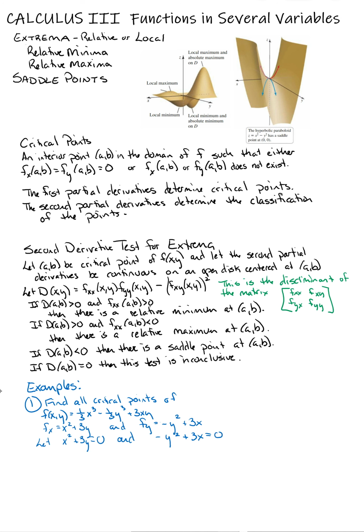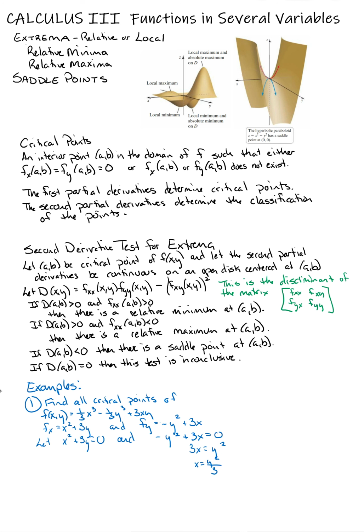And then we will let these first partials equal 0 and simply solve this set of equations. There are a few ways of doing it. I'm going to go ahead and take the second equation and solve for x. I'm choosing that because it has a negative, which makes it a little easier. Then I can get rid of that negative. So we have x is equal to y squared over 3.